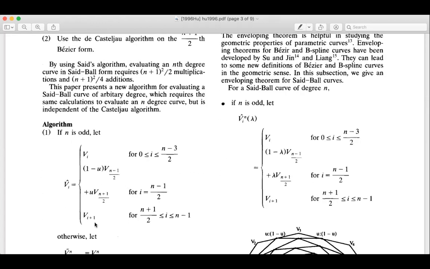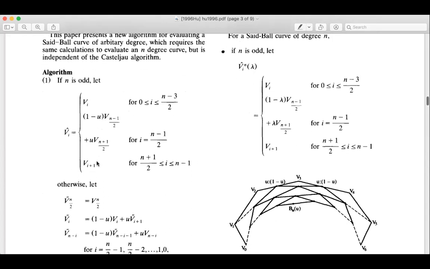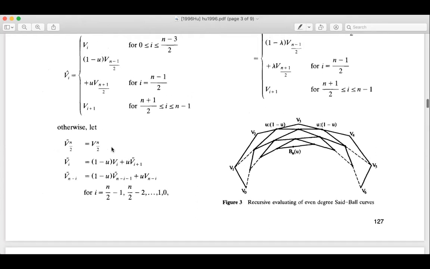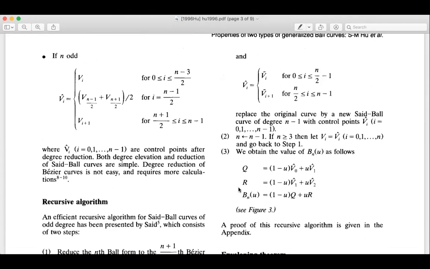You have to separate into odd numbers, and then guess this, and then follow these 3 steps to come up with the result.